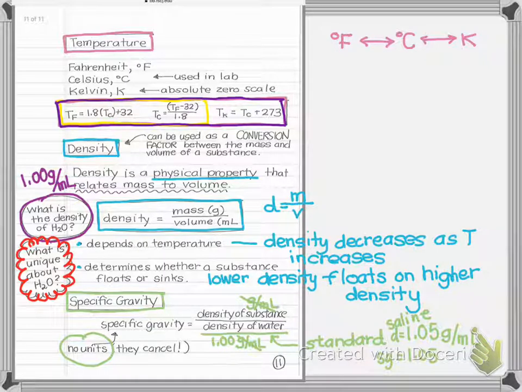They're constants for different substances. And so urine is a mixture, and it has a range that's normal. And so if it's outside that range, high or low, that can indicate that there's a problem with the patient. So sometimes in a doctor's office, they'll measure specific gravity of urine.